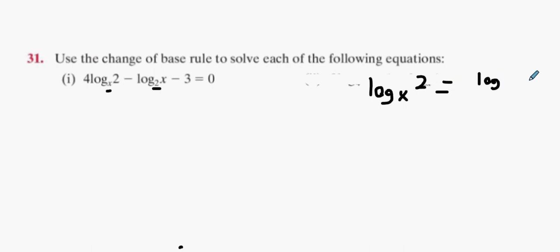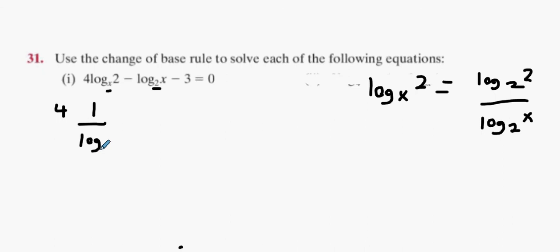Log 2 base 2 over log x base 2. And what happens to 2 base 2? Turns to 1. Sorry, there's a 4 there as well, isn't there? Over log x base 2.